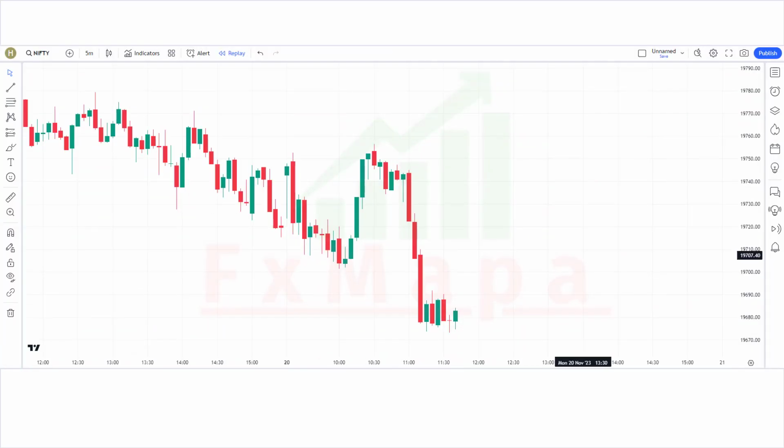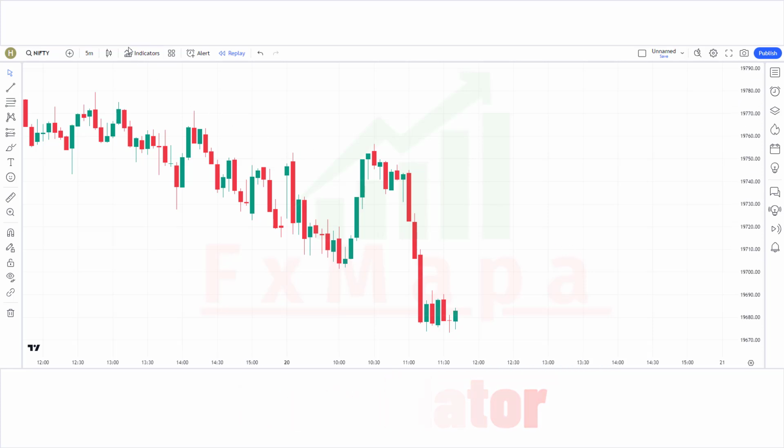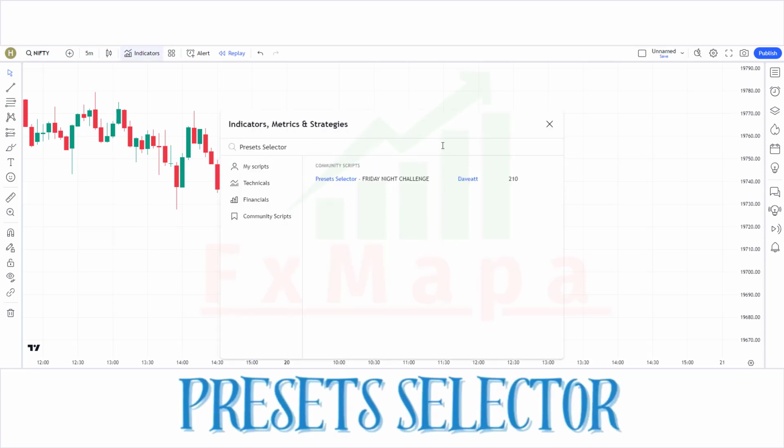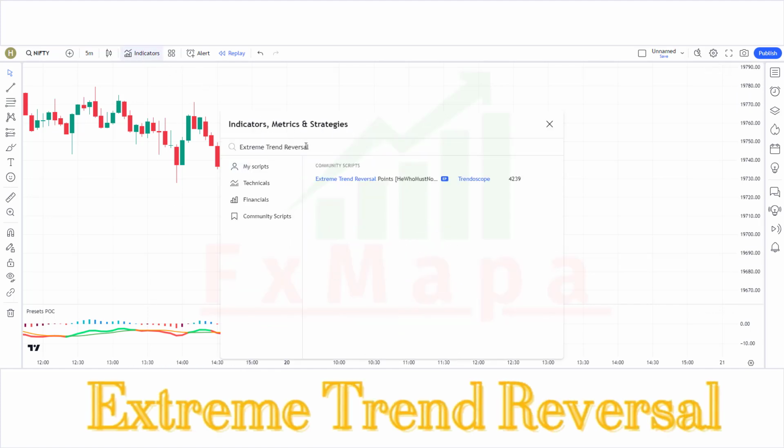So let's get started. In this setup we would require 3 oscillators. First indicator name is preset selector. Second indicator name is extreme trend reversal.